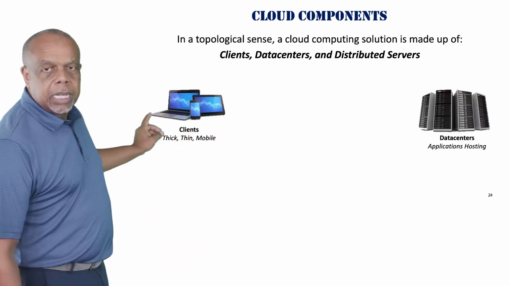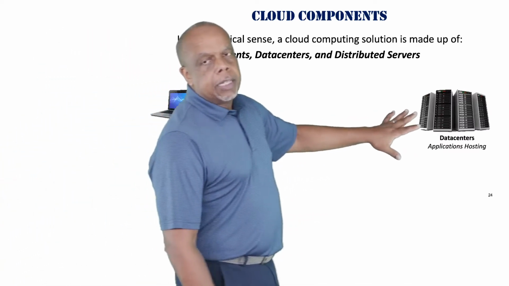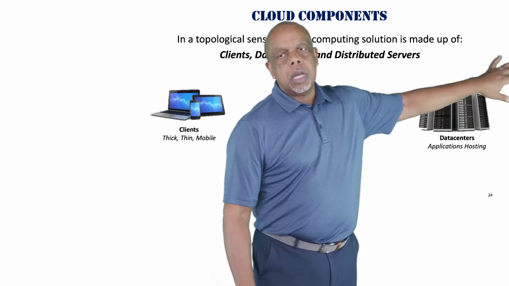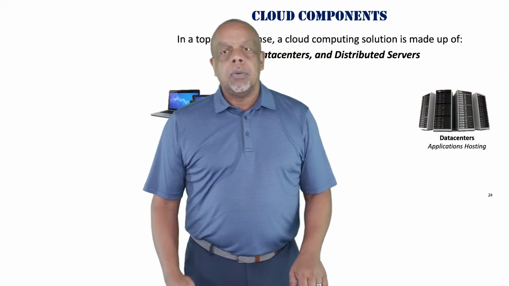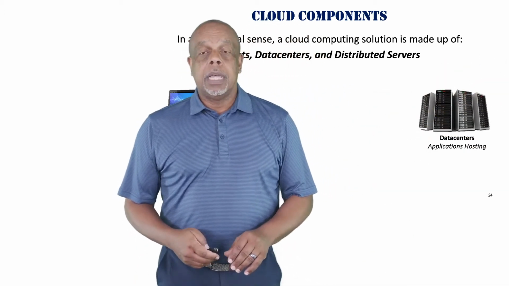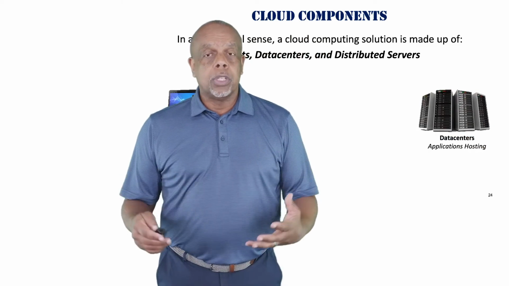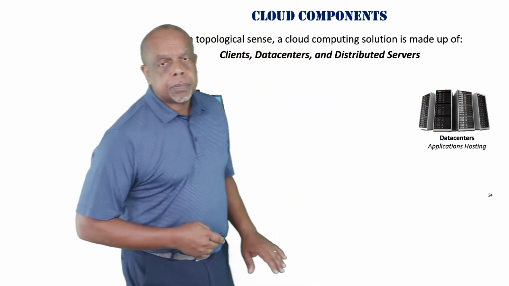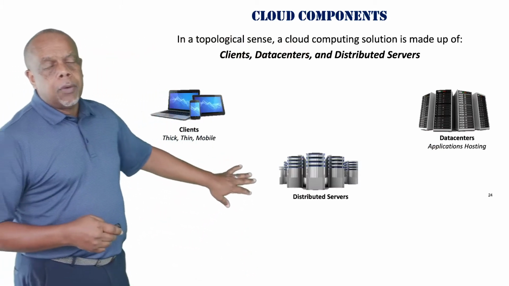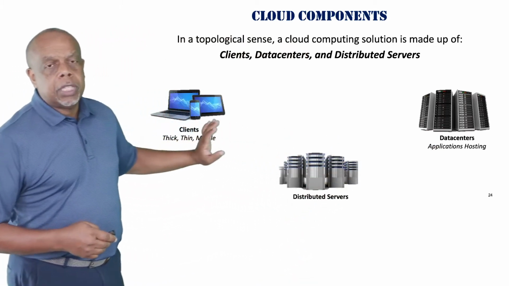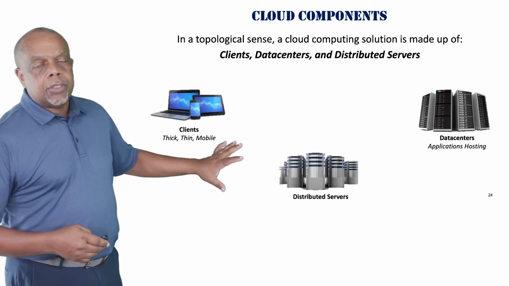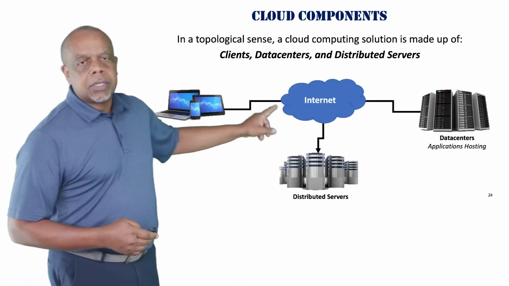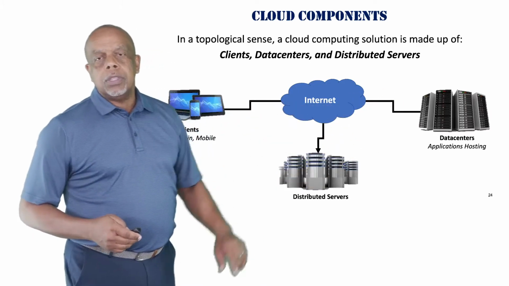So when we look at the clients, now we have our data centers. This is where applications are hosted. These are large facilities with a lot of servers, a lot of storage, and that's where all the hosting is actually done. And now we have what we call distributed servers. These distributed servers actually connect our clients via the internet to the data centers.